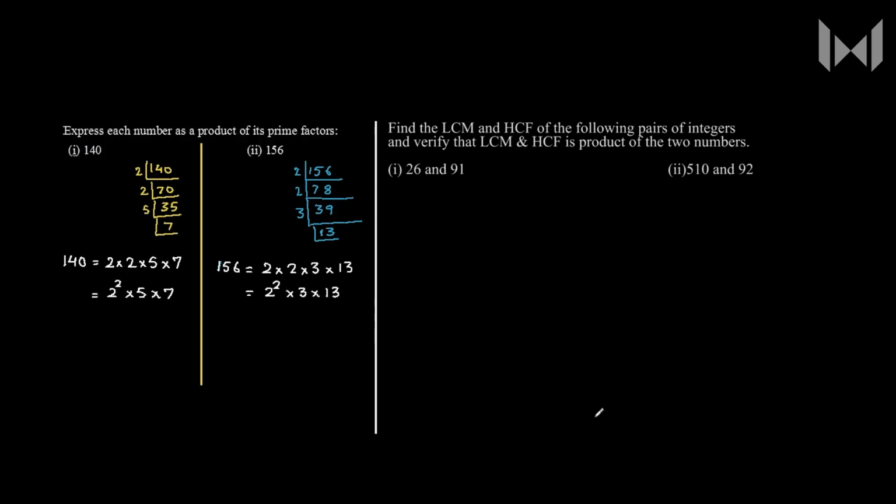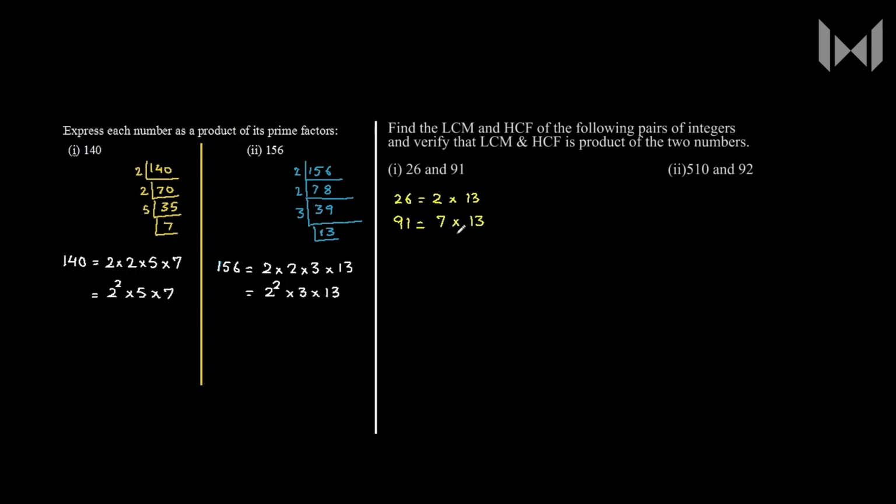Now coming on to the next question, where we have to first find the LCM and HCF, and then verify using the property that the product of two numbers is always equal to the product of LCM and HCF. Now talk about the very first one. 26 can be written as 2 into 13, whereas 91 can be written as 7 into 13.